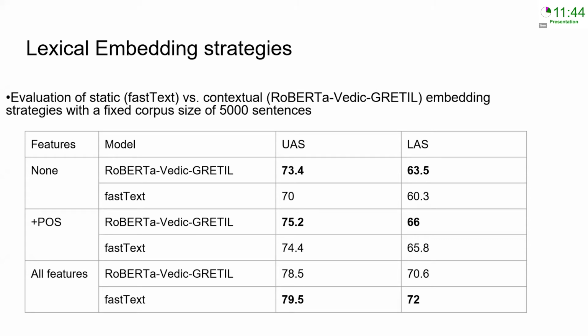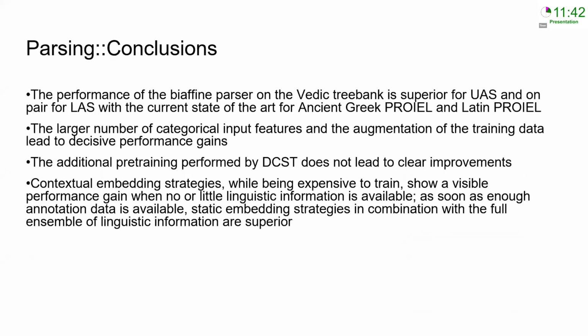Okay, next slide. Coming to the conclusions about parsing, the performance of the B-affine parser on the Vedic treebank is superior for UAS and on par for LAS with the current state of the art for ancient Greek, for IEL and Latin. The larger number of categorical input features and the augmentation of the training data lead to decisive performance gains.